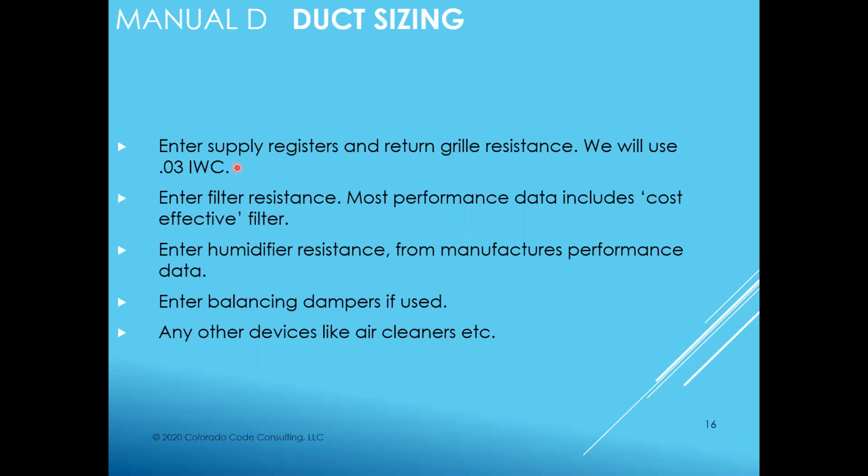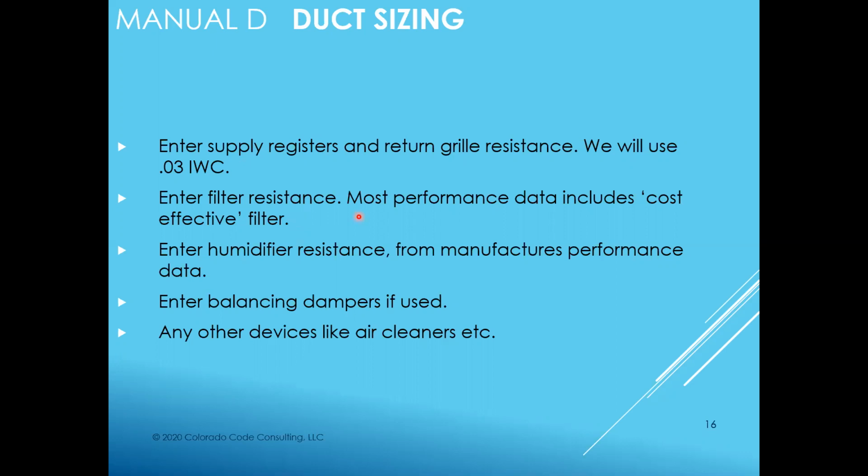Different manufacturers and throws, we're not going to get into it today, but 0.03 is an accepted standard. Filters. I always recommend that designers put in at least a 0.1 for filters, and more if they've got electronic filters or options like that.